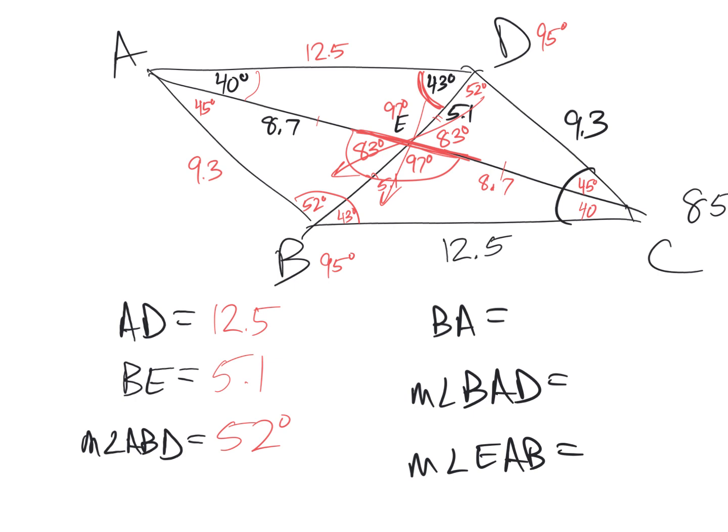BA is 9.3. BAD is 85. And EAB is 45. Obviously, we answered more than what's on there, but that's just to help you prepare for tomorrow. You don't know which ones I'm going to ask you. Okay? And maybe they don't give you enough information to answer all of them.